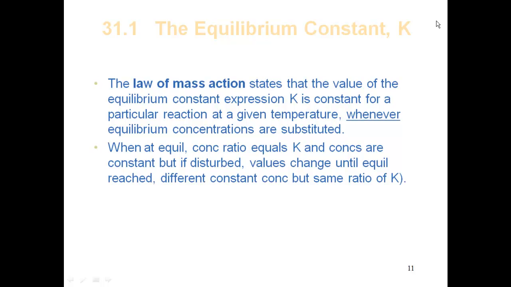Okay, those concentrations will stay the same value. However, if I disturb the system by adding something, removing it, whatever, those values will all change. All the concentrations of my reactants and products will change. However, when I reach that equilibrium again, that ratio will be equal to that K value again.